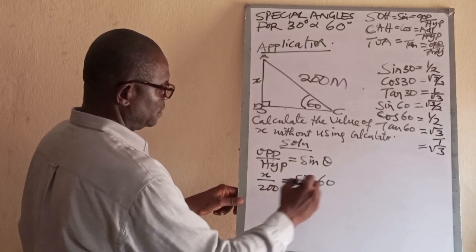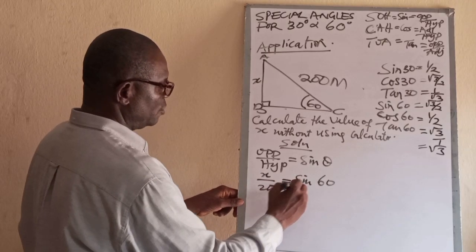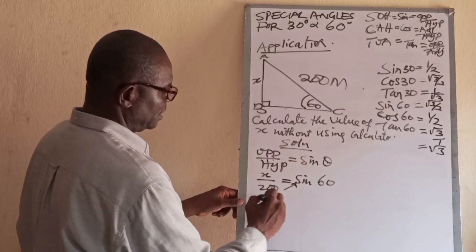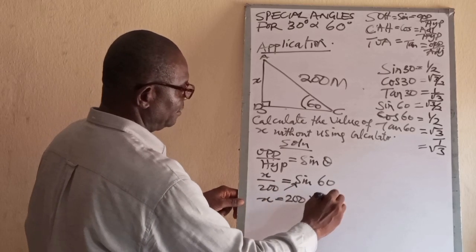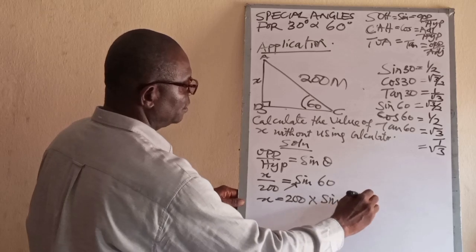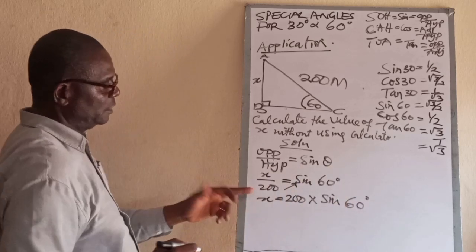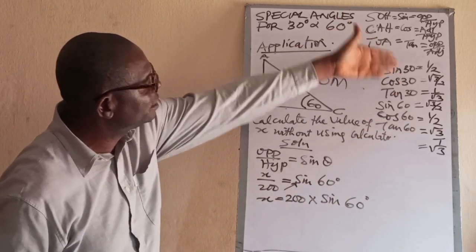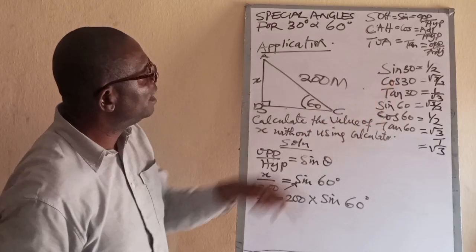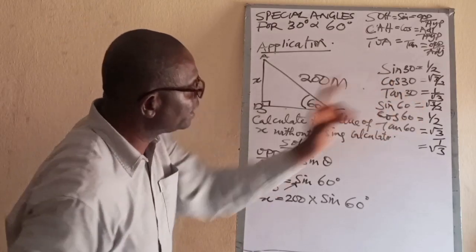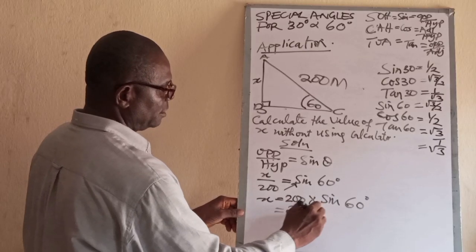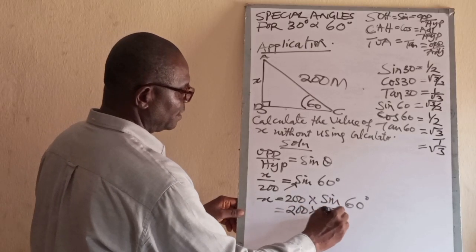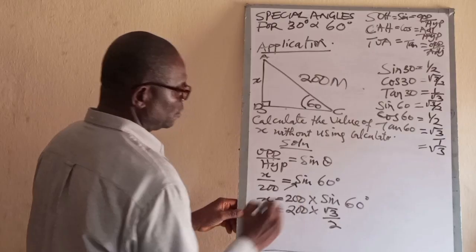So when you cross multiply, you see that x is equal to 200 times sine 60 degrees. Very simple. From our relation here, sine 60 is root 3 over 2. Very good. So that means 200 times root 3 over 2.